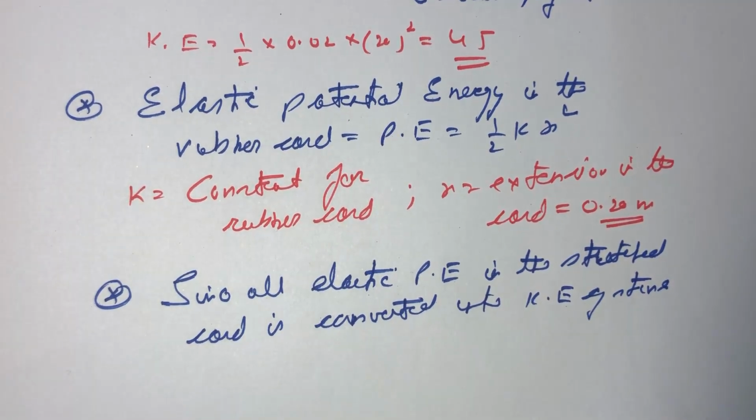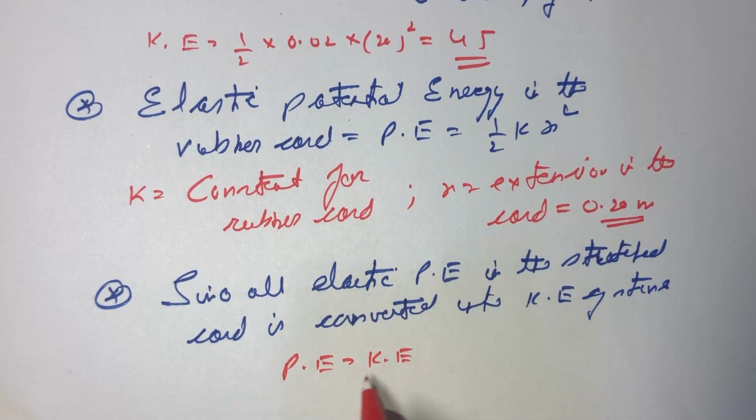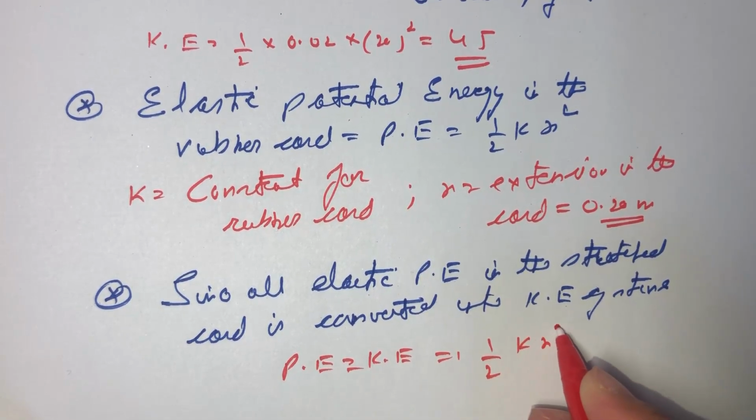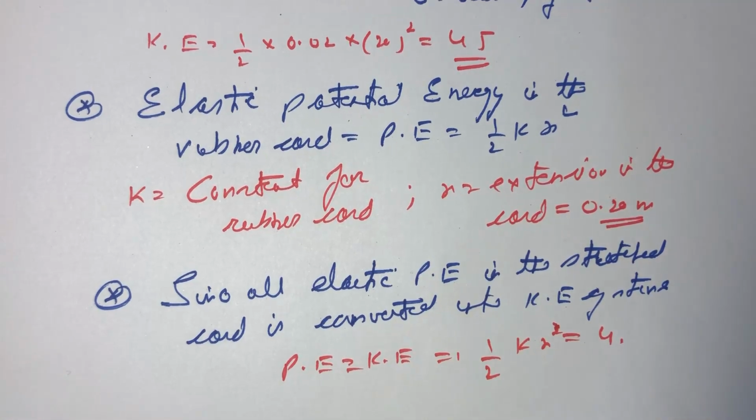So we can write that potential energy is equal to kinetic energy, or we can say half k x square is equal to 4.